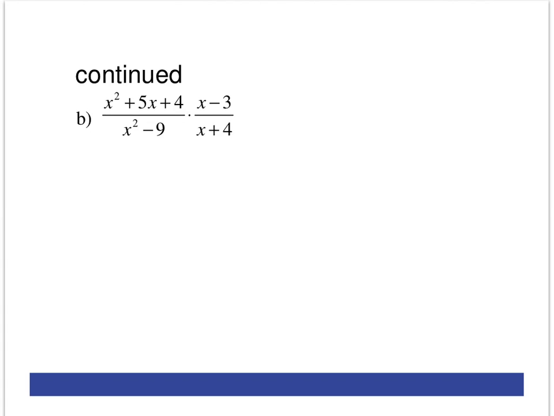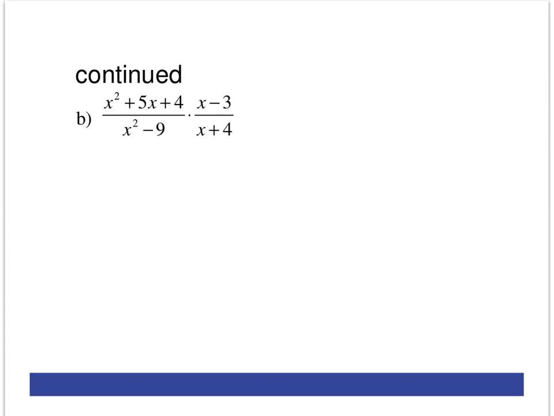Alright, so let's look at this one. You've got a trinomial over a binomial, and then you've got 2 binomials being multiplied. I would factor first and see if there's anything that I can cancel.